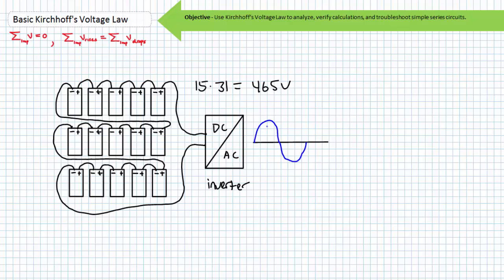In this case, grid compliant AC, with proper magnitude, frequency, and phase shift, suitable for export to the grid. We'll return to solar power, AC, and power electronics devices like inverters in much later lectures. However, despite the high-tech nature and application of these circuits, they're really just simple series aiding configurations, just begging you to bust out KVL on them.